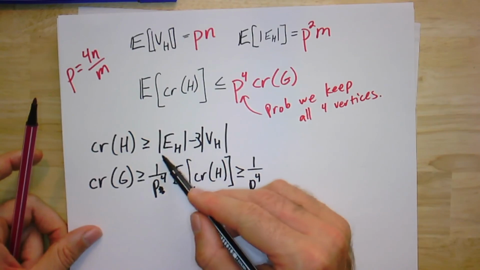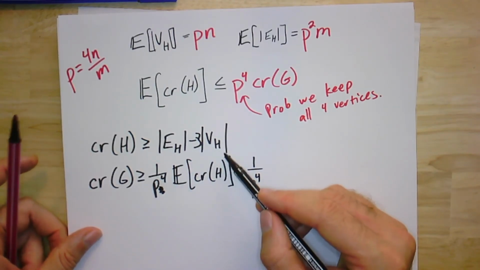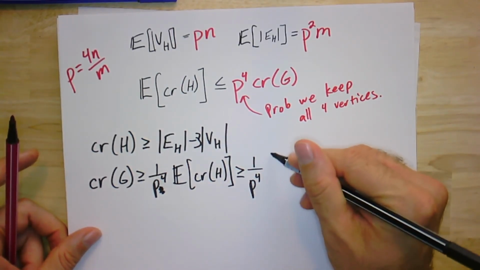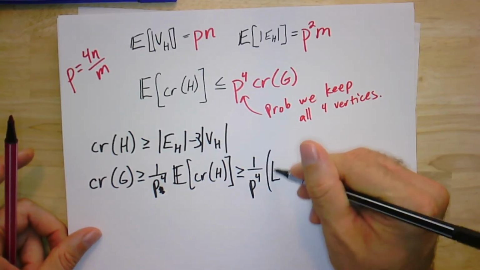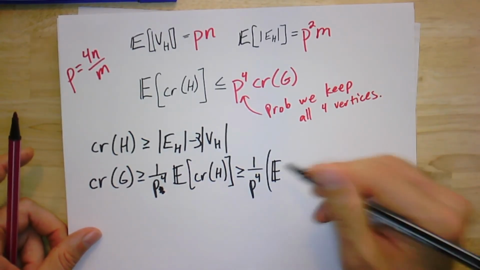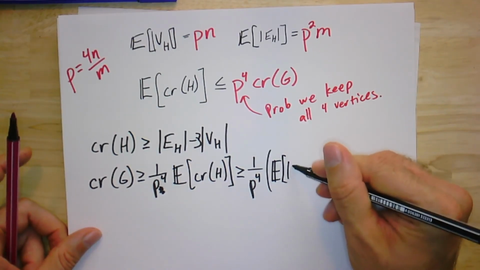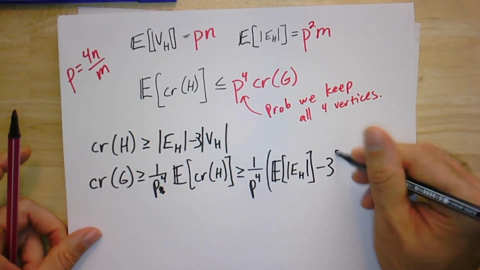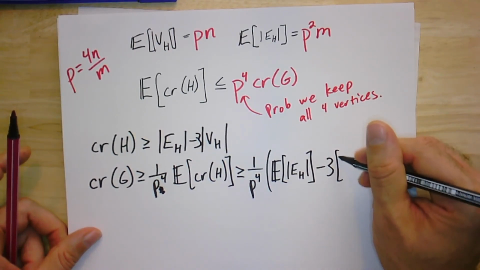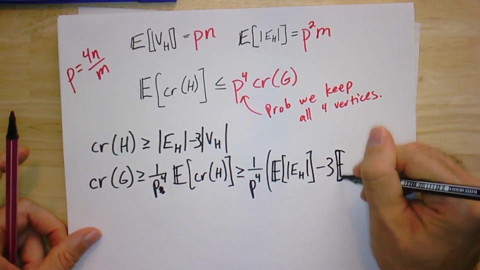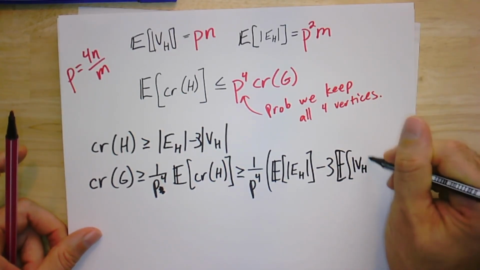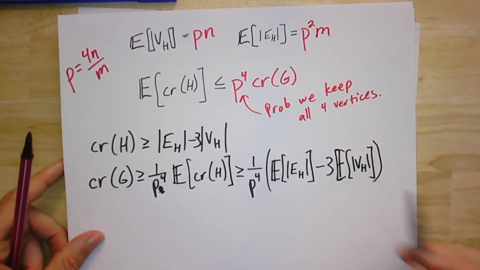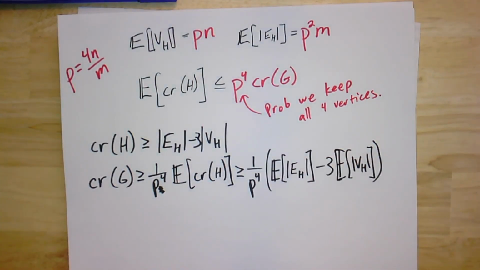If I plug in this number of edges minus 3 times the number of vertices, inside the expected value, I can use the linearity of expectation to break it into 2 parts. So this is the expected number of edges minus 3 times the expected number of vertices. And now I can plug in my values for these.